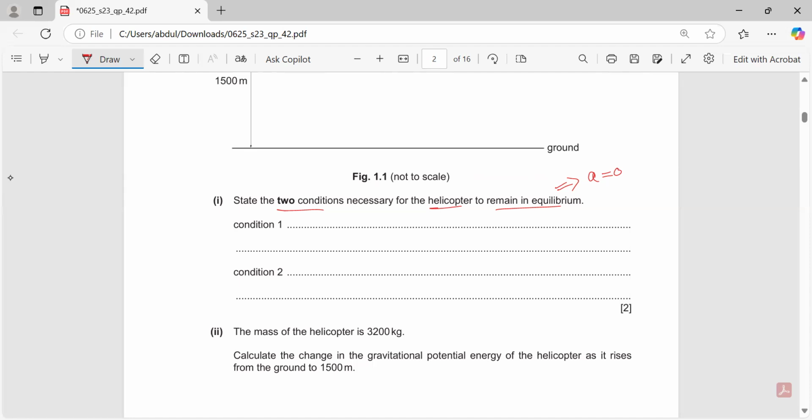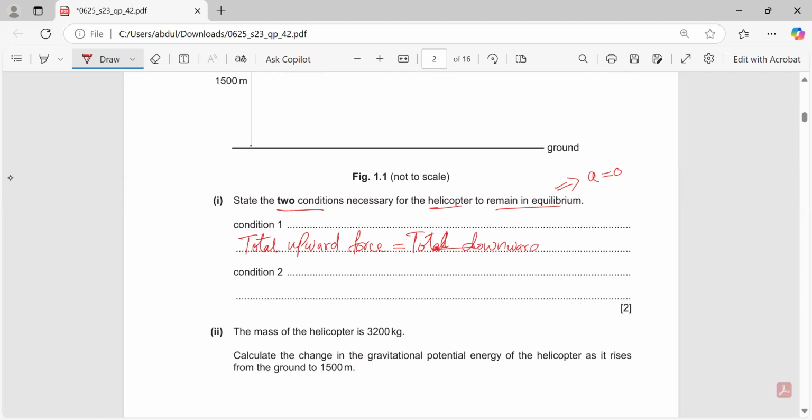But I will be writing, because when we are solving numerical problems, resultant force equal to 0 can also be written like this: total upward force is equal to total downward force.